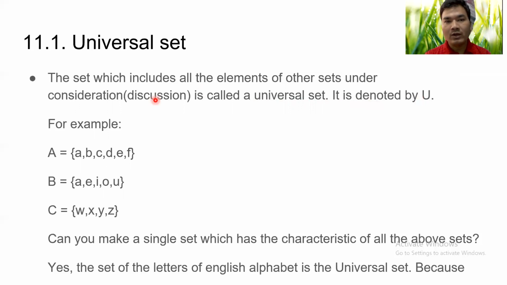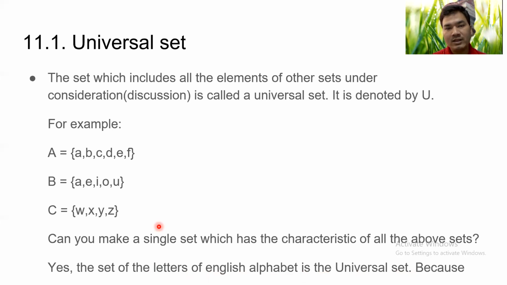For example, set A is A, B, C, D, E, F, set B is A, E, I, O, U, set C is W, X, Y, Z. Can you make a single set which has the characteristic of all the above sets? Yes, the set of the letters of the English alphabet is the universal set, because in the English alphabet there are A to Z elements.